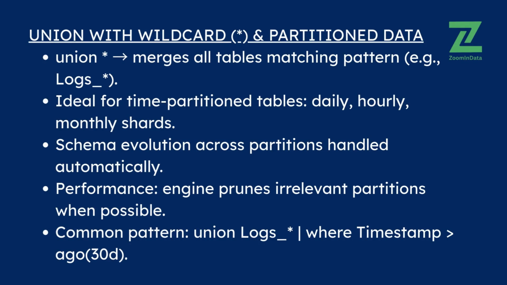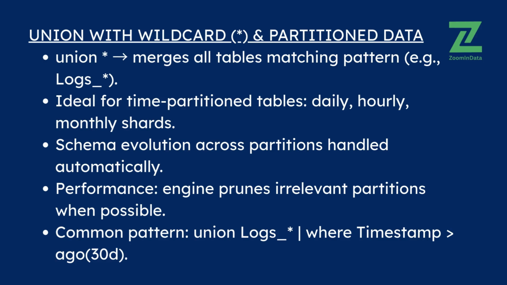Union with wildcard is one of the most powerful patterns in KQL. Union asterisk merges all tables matching the pattern, like logs_2025_03_ for March data. This is ideal for time partitioned tables, daily, hourly, or monthly shards. Schema evolution across partitions is handled automatically.